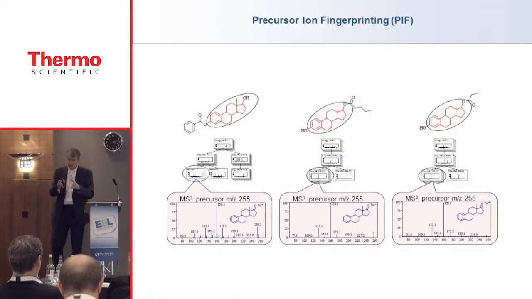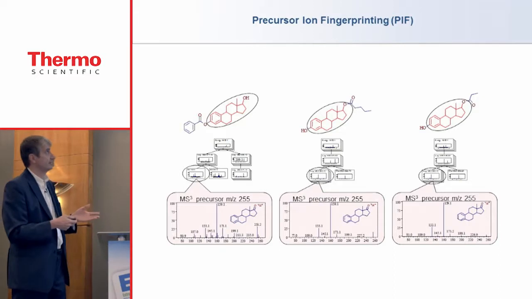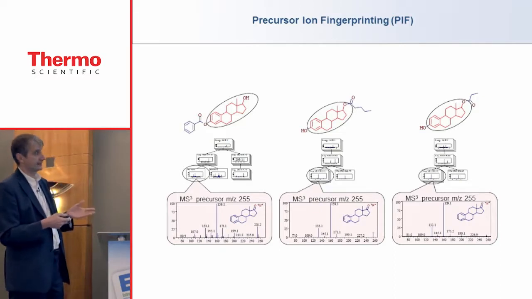Why are we doing this? Actually, I would now like to talk more about compound identification. If the unknown compound is in a database, it's not a big deal, we will find the compound and we have it. If we do not have the compound in the database, we have to find it with other techniques. A decade ago, we introduced the precursor ion fingerprinting method.